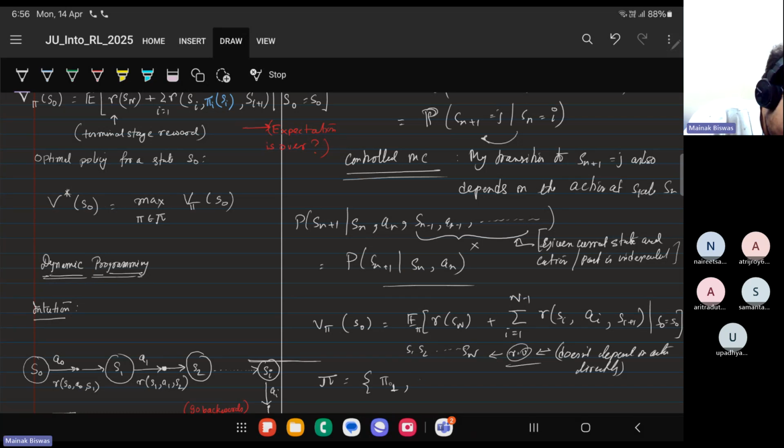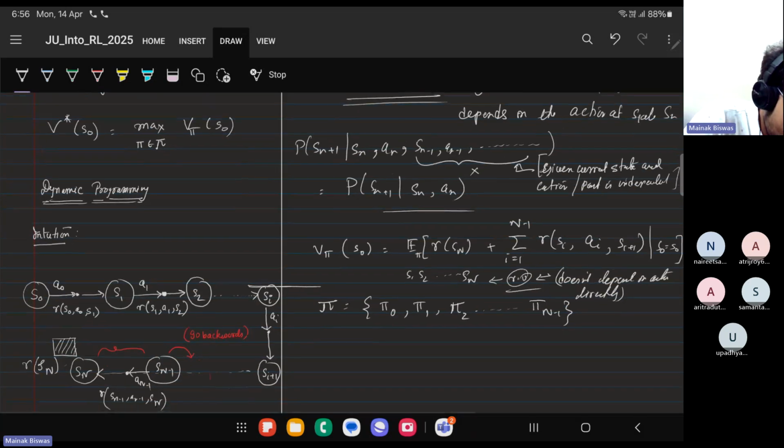So say I define a list of policies, pi 2 up to pi n minus 1. At every step, I have the freedom to choose a deterministic policy.